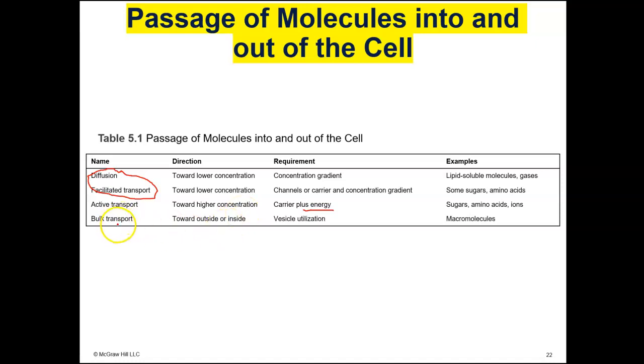And then bulk transport also requires energy. So active transport and bulk transport are both active processes, but bulk transport uses vesicles. It has nothing to do with a concentration gradient. It's just moving macromolecules or a bulk or large amount of material into or out of the cell.